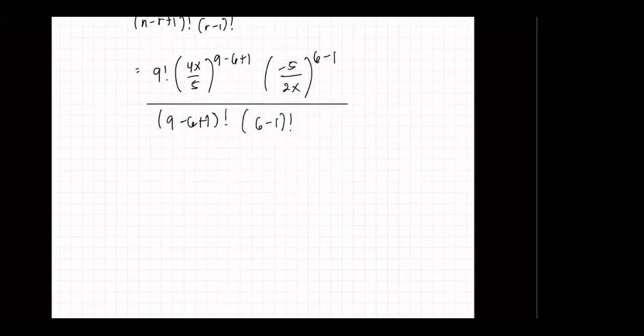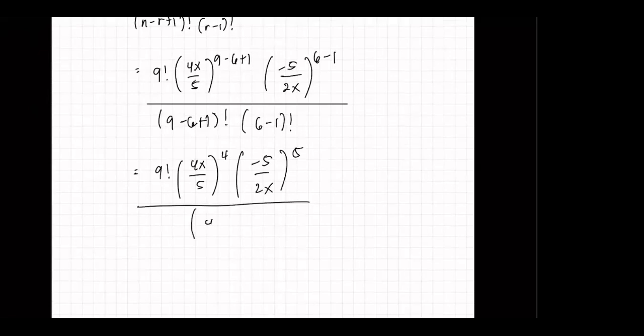Okay? Then we simplify. So 9 factorial times 4x over 5 raised to 4, since 9 minus 6 plus 1 is 4, times negative 5 over 2x raised to 5, all over 4 factorial and 5 factorial.